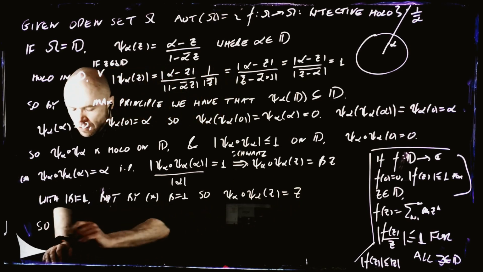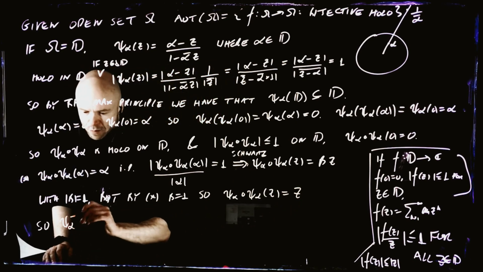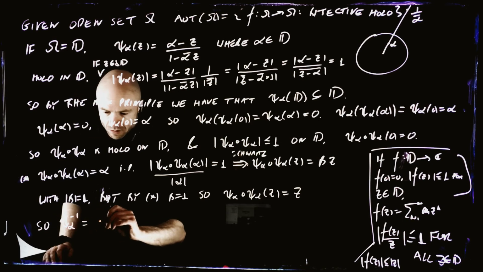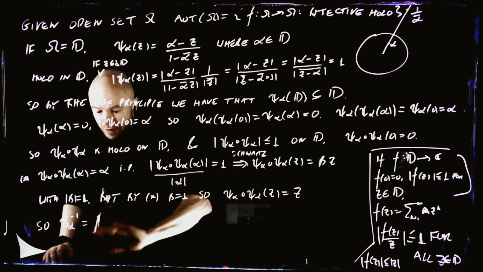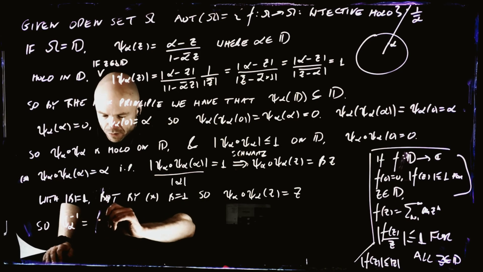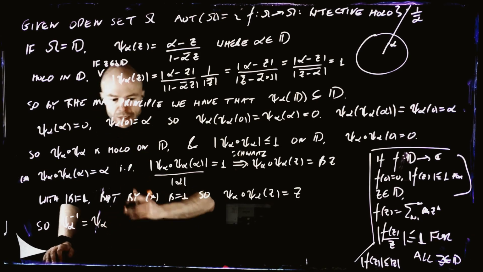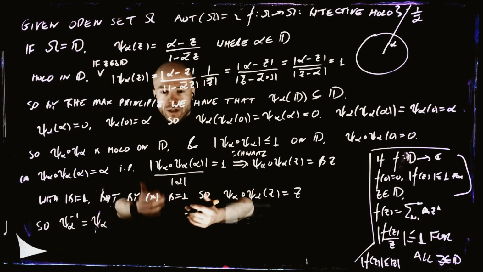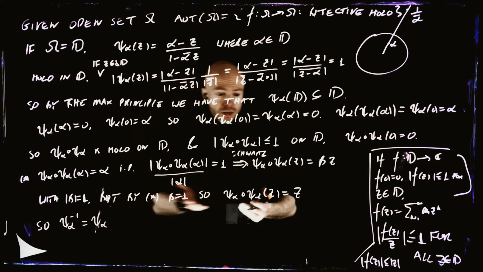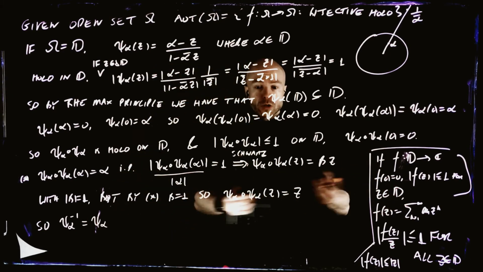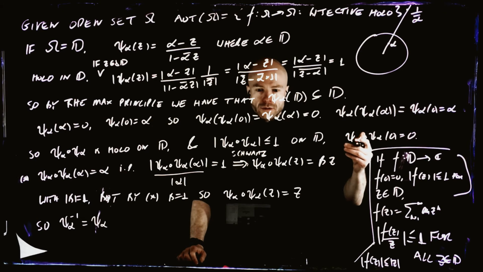So phi alpha has an inverse and it's given by itself. And therefore we have that the function is now an automorphism of the disk to itself.